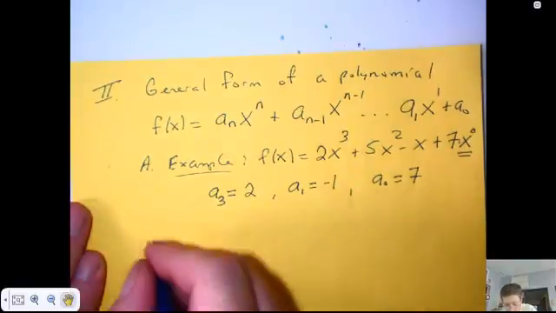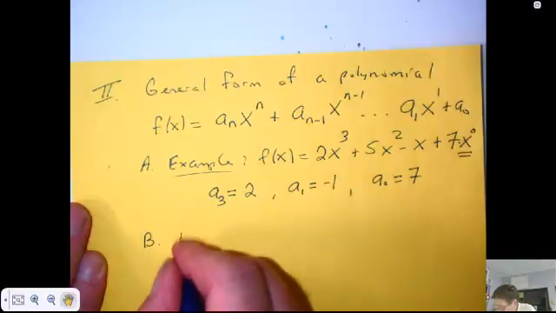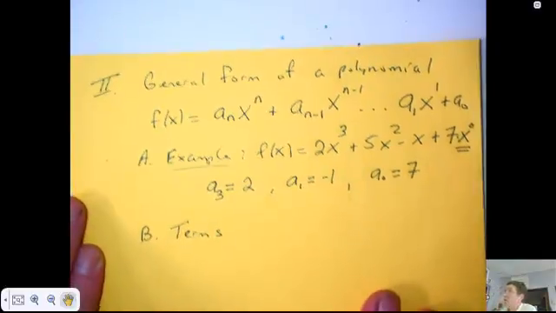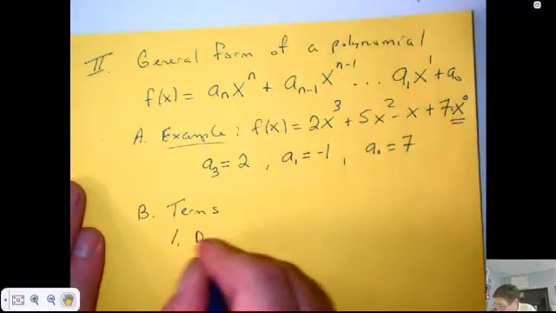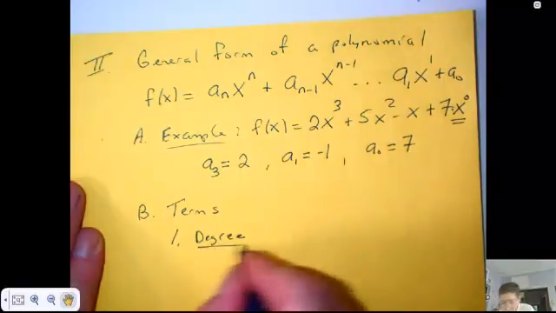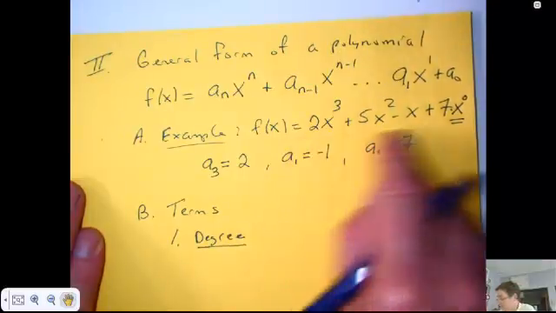And then some different terms that we need to be aware of, that we talk about when we talk about polynomials. The first one is the degree of the polynomial. So how is the degree determined? You had this before. What's the degree of my example here?